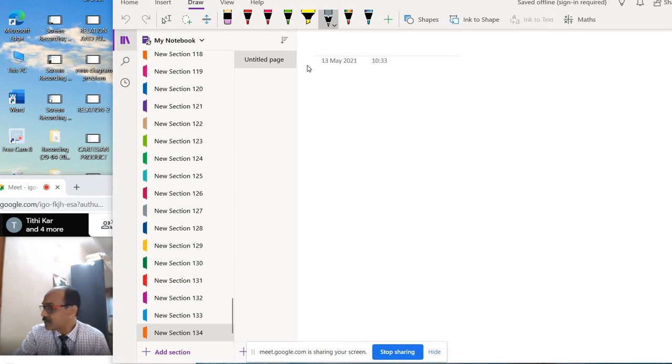Next question is, a relation is given. Verify whether it is a function or not. See, question number 3.